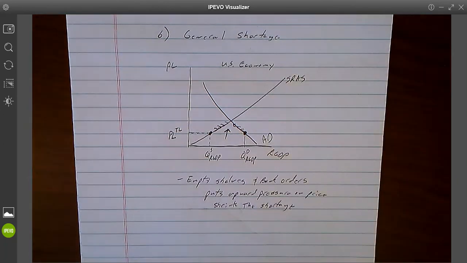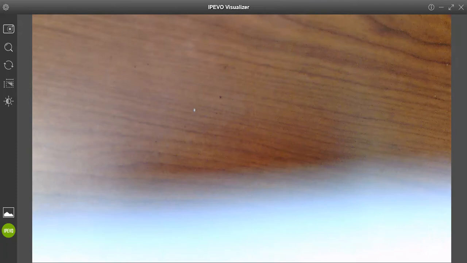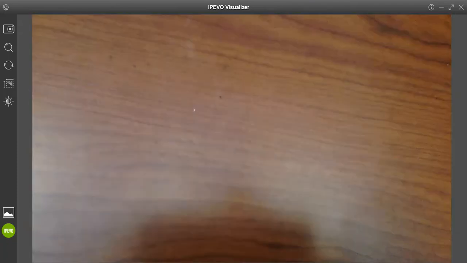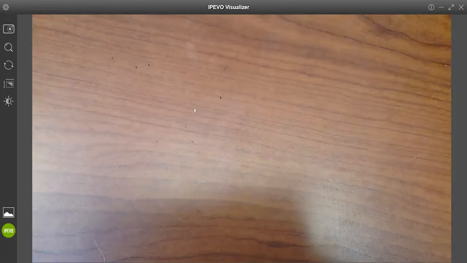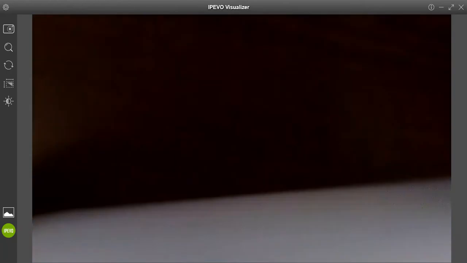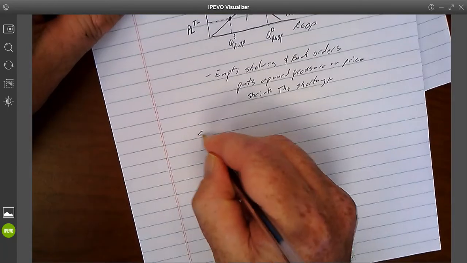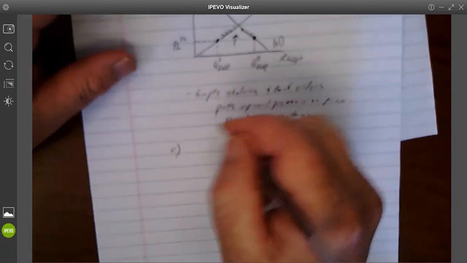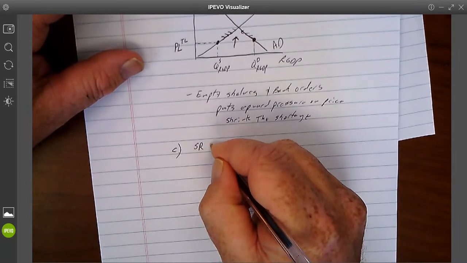So if there's a general shortage or a general surplus, there's going to be pressure on price to change. So when does that pressure stop? That's going to occur at equilibrium, in short run equilibrium.